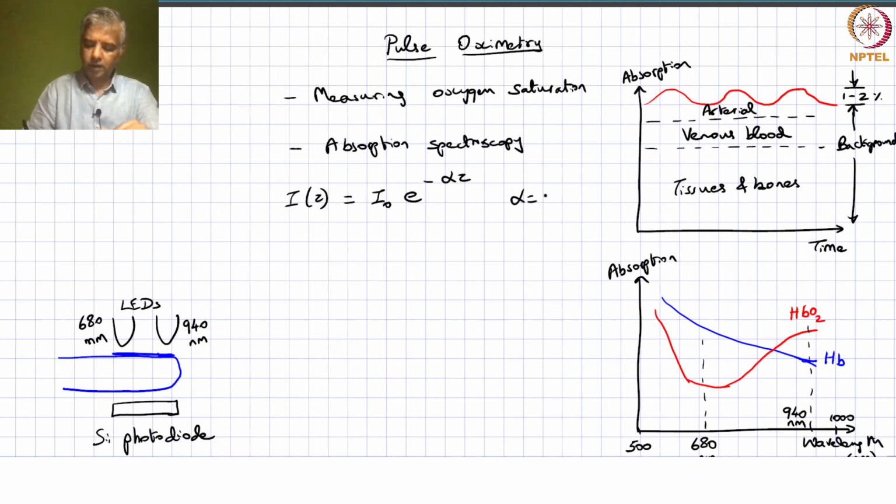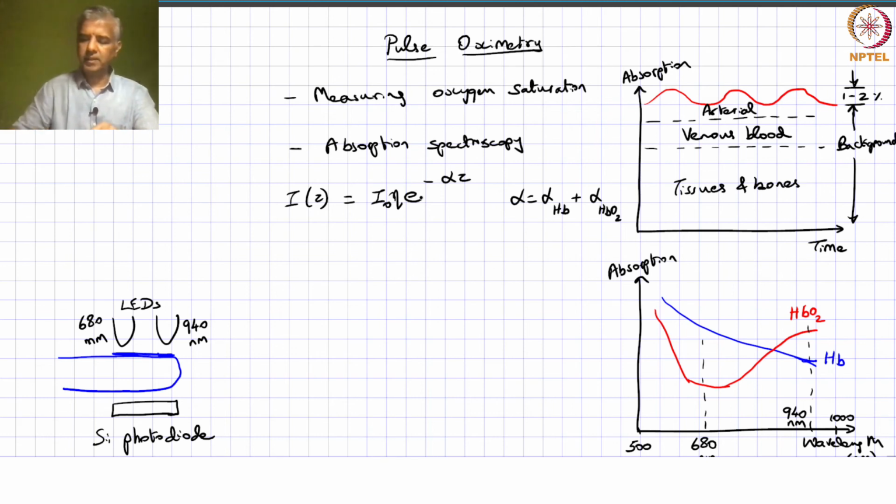So alpha has one component corresponding to non-oxygenated hemoglobin, and another component which corresponds to oxygenated hemoglobin. We need to consider both of those, and of course there could be an external loss eta.